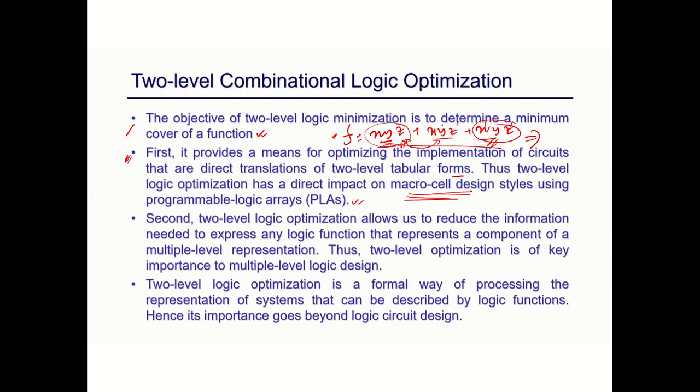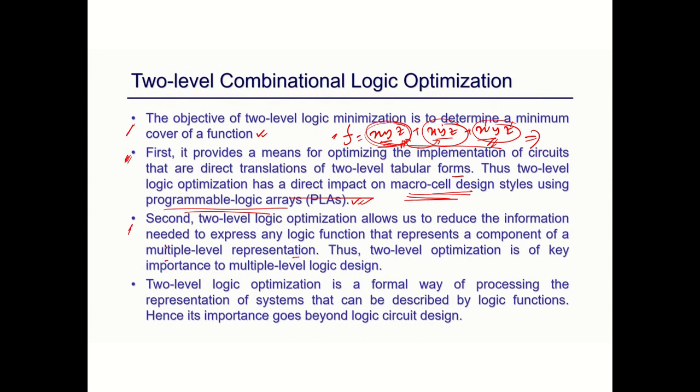Because automatically, for the programmable logic array, this product term exactly defines the final output of the programmable logic array. What is the second point? Two-level logic optimization allows us to reduce the information needed to express any logic function that represents a component of the multi-level realization.